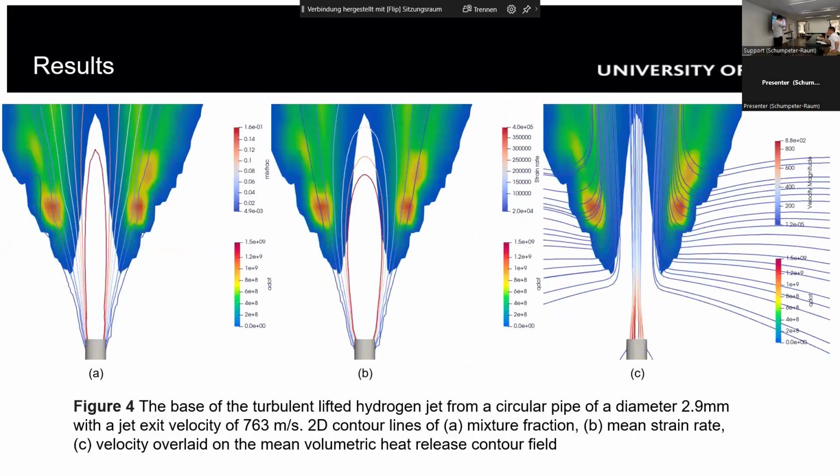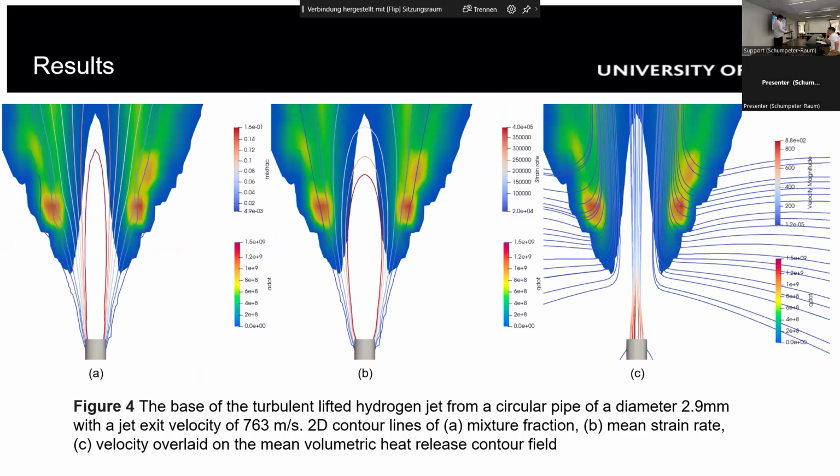And this slide shows the analysis of key parameters at the base of the turbulent lifted hydrogen jet. Specifically, they illustrate the distribution of mixture fraction, mean strain rate, and the velocity overlaid on the mean volume heat rate contour field.